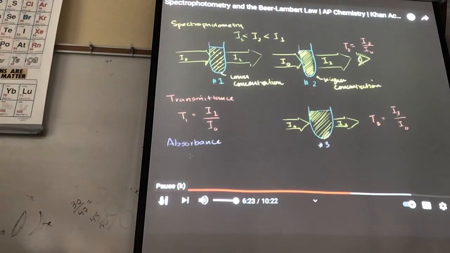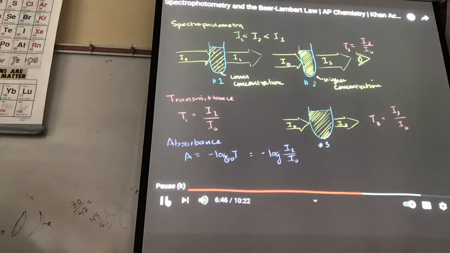is defined as the negative log of transmittance, and this logarithm is base 10. Or you could view that as the negative log of the light that is transmitted over the light that is input.